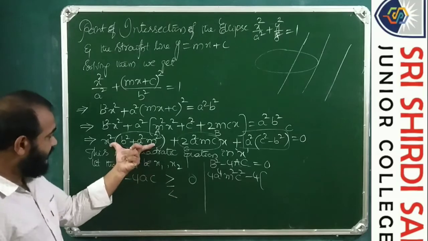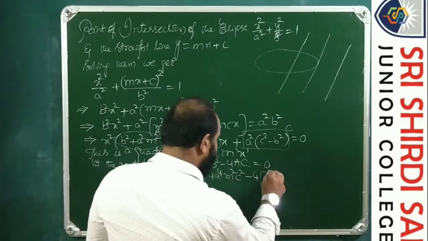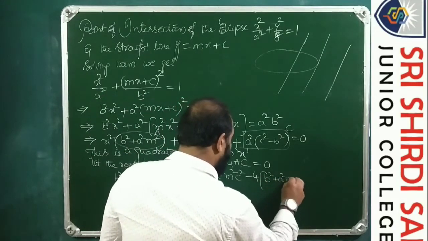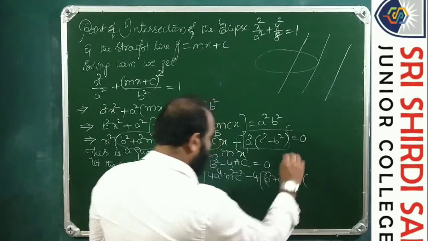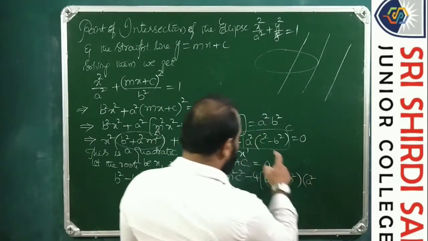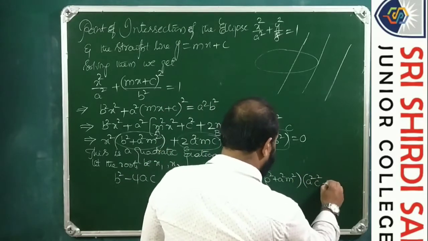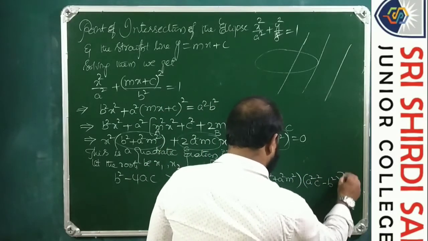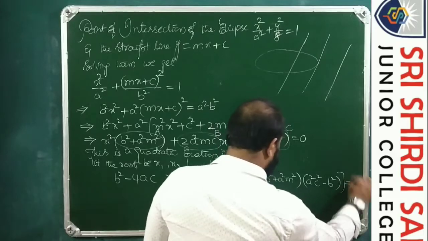A is b square plus a square m square, and C is a square into c square minus b square, equal to 0.